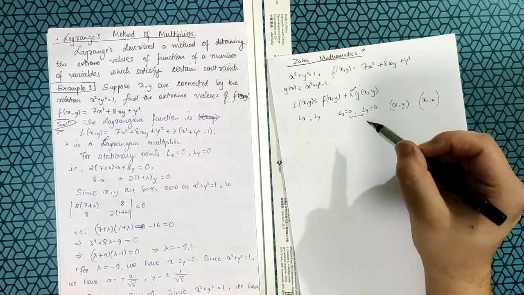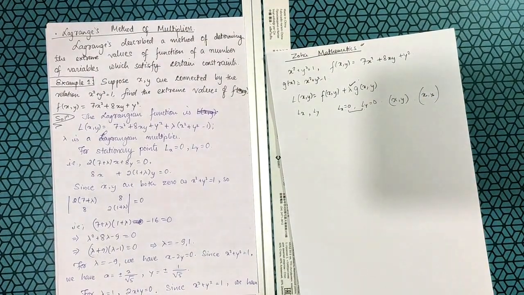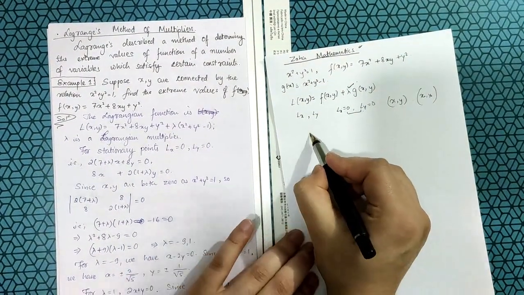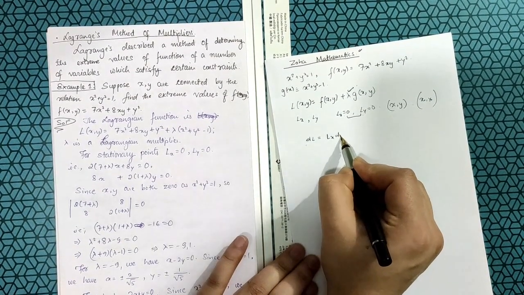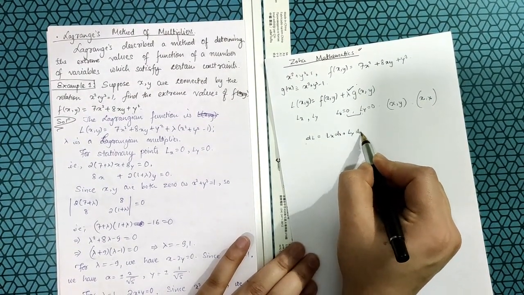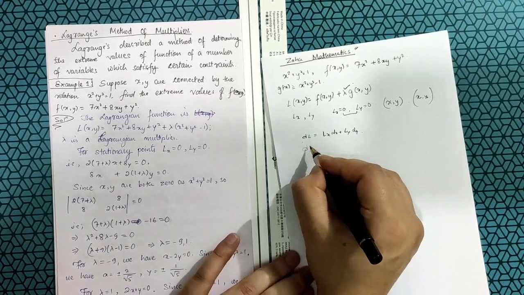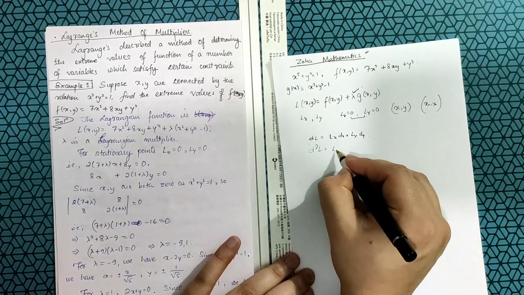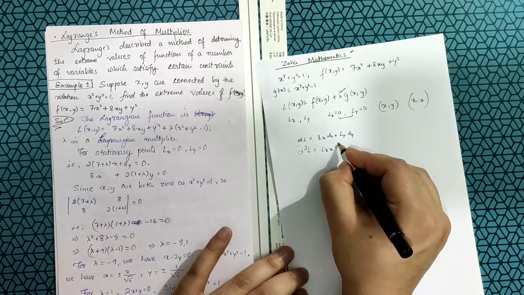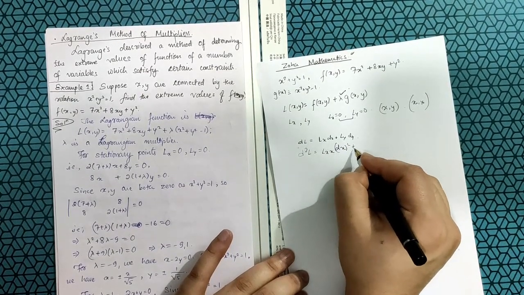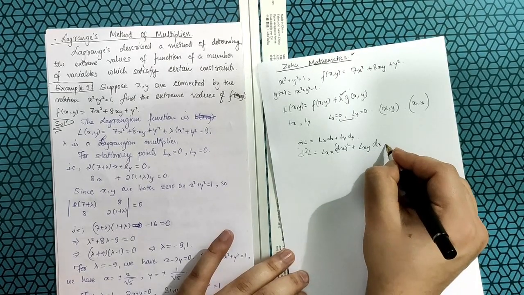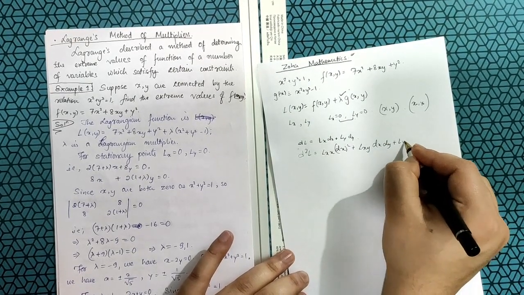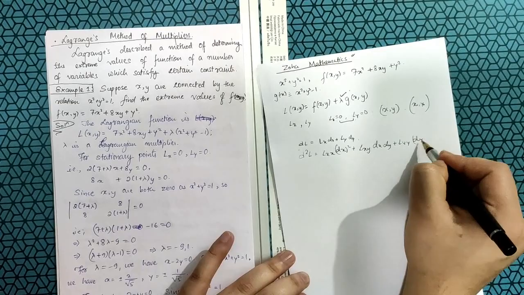Later we write dL is equal to Lx dx plus Ly dy, and then we find d2L, which is equal to Lxx dx square plus Lxy dx dy plus Lyy dy square.